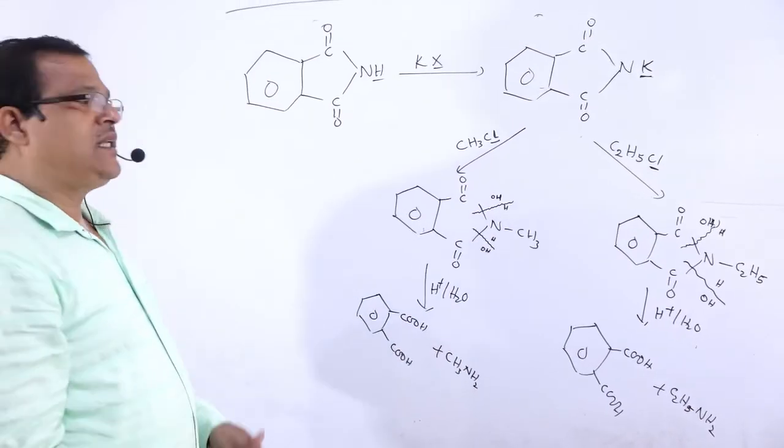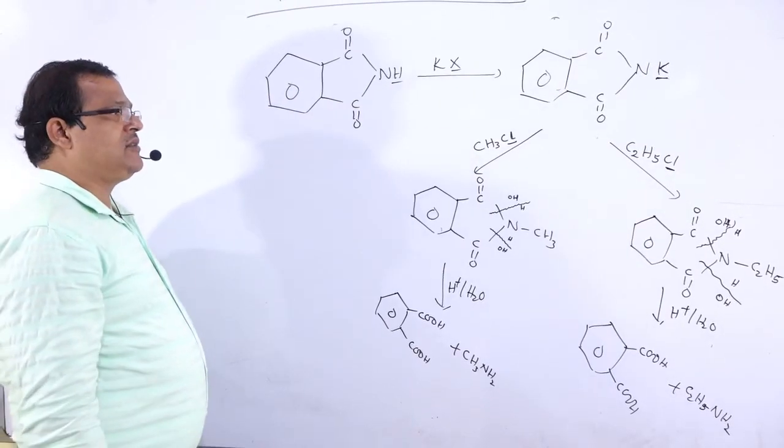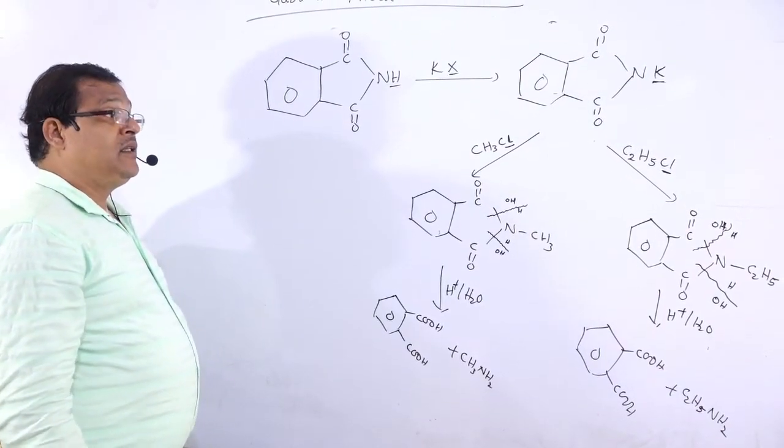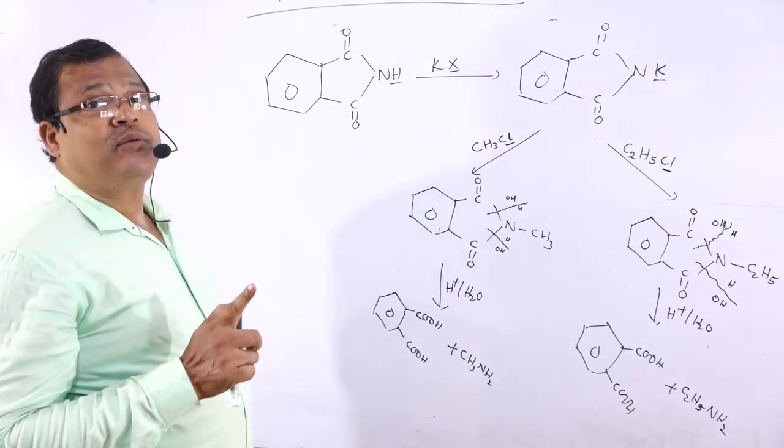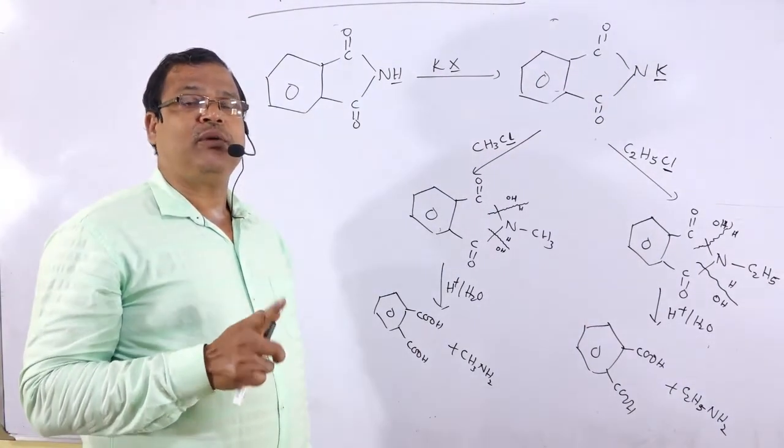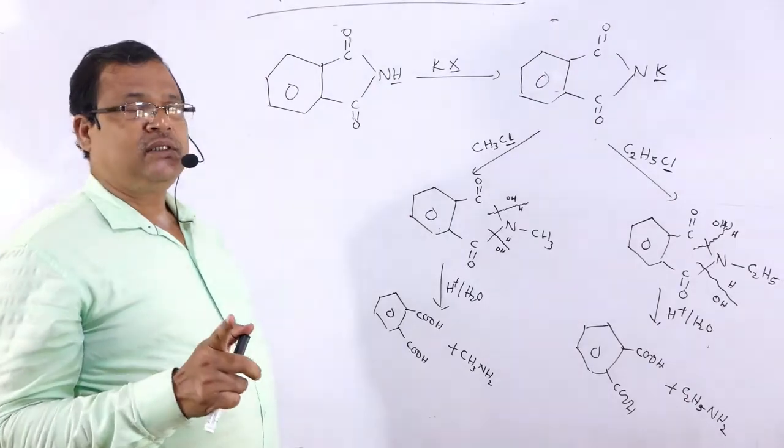That reaction is known as the Gabriel phthalimide reaction. This reaction is applied only for the preparation of aliphatic amines, but not for aromatic amines.